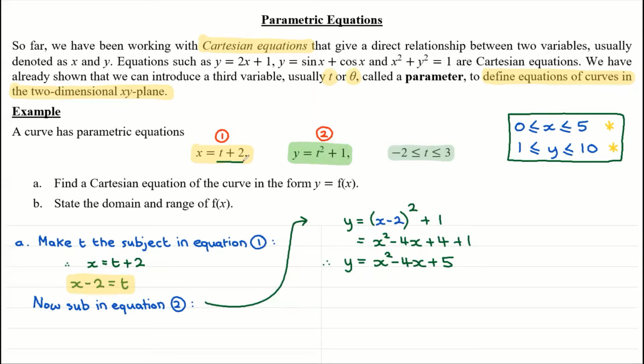So if the x values are purely t plus 2, then if my range of values of t run from -2 up to 3, I simply have to add 2 to all of that. So I think that's pretty simple. Hopefully that makes sense. So for the domain, this is for part B, of course.